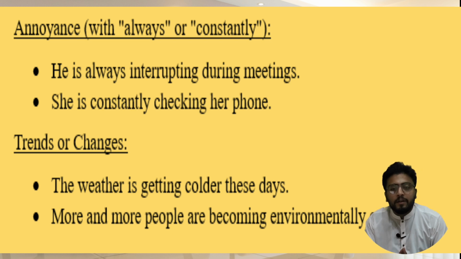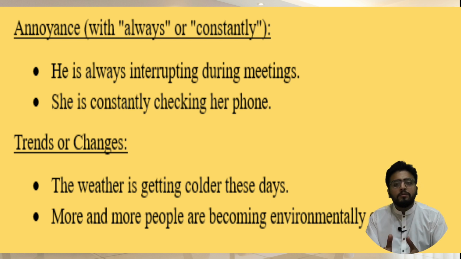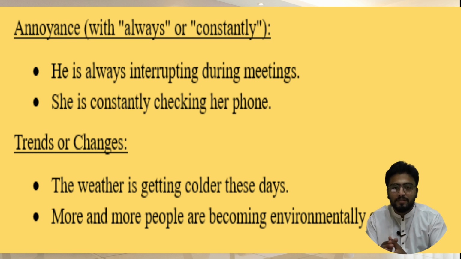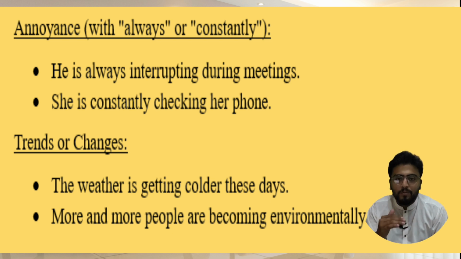First example we have here is he is always interrupting during meetings. So it shows that a particular person always disturbs us during meetings. A person always throws a phone call while a meeting is going on.